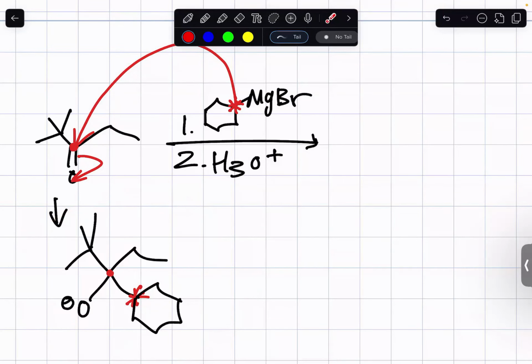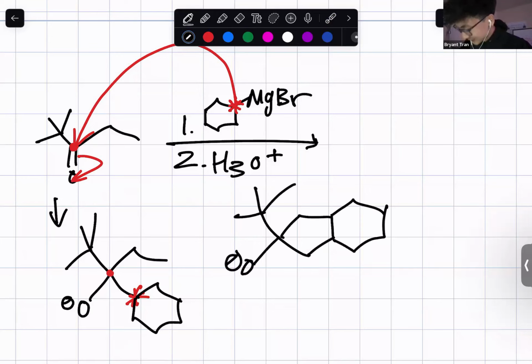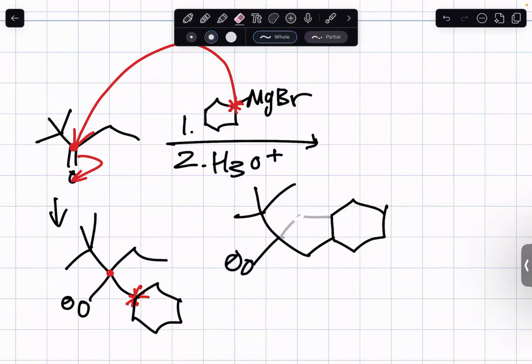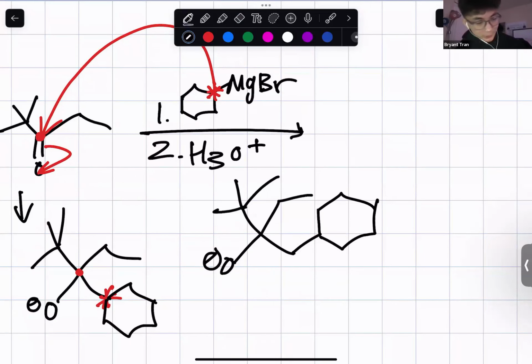Wait, my drawing's a little funky. Did you draw it like this? I'm just gonna send it to you. Okay. Does it look like this? More like this? I think it looks the same. Wait, hold on. What the heck is that? Like this. No. No. Let's see. Wait. Let me see your thing here.